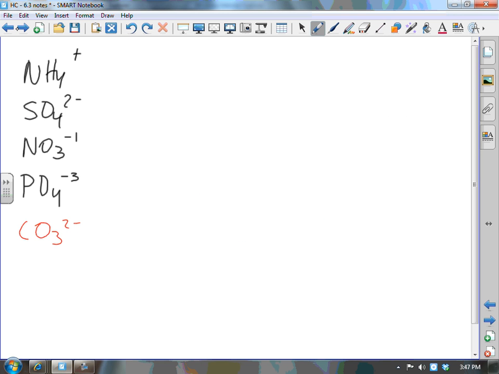Here are ones that we would have seen. We drew some of these in section 2, the covalent bonds. So we've got NH4 plus. We could draw its covalent structure; it has covalent bonds in it. But then it can ionically bond with a negative structure.